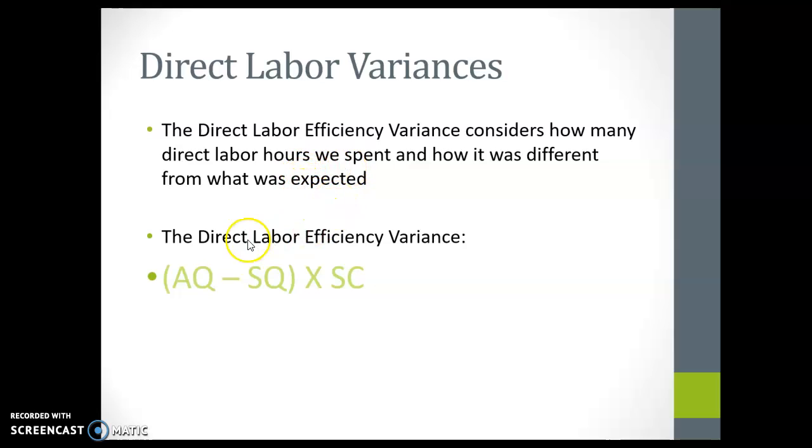And so our formula is just like the direct materials quantity or efficiency variance. We have the actual quantity of direct labor that we used minus the number of hours we thought we should use, the standard quantity, and then that amount times the standard cost per direct labor hour, which was $12, we were told in the previous slide.